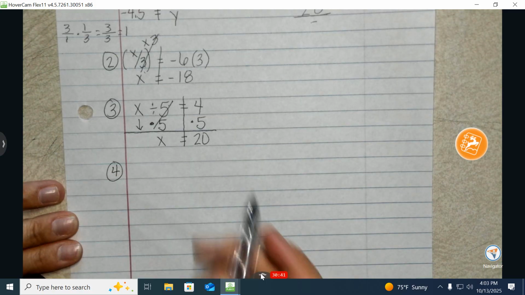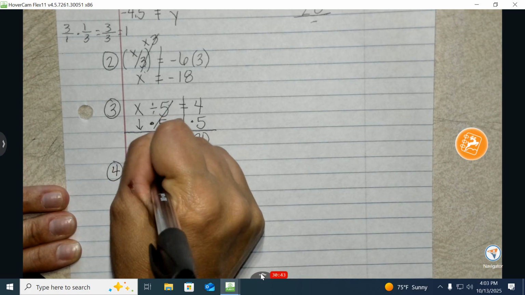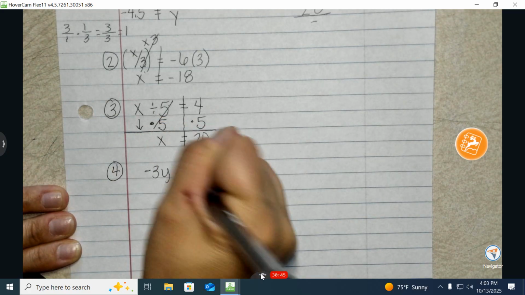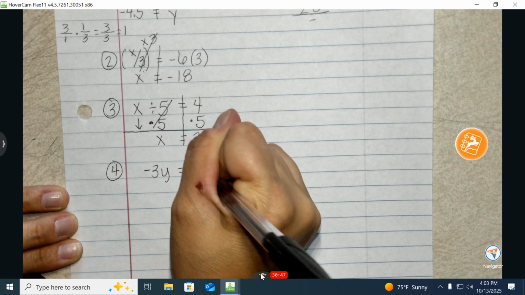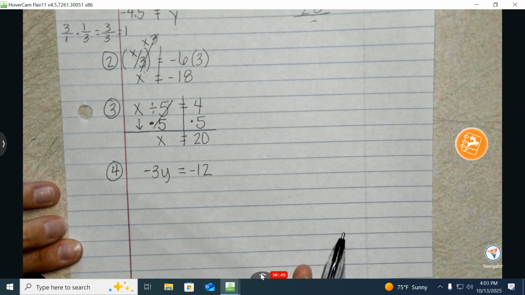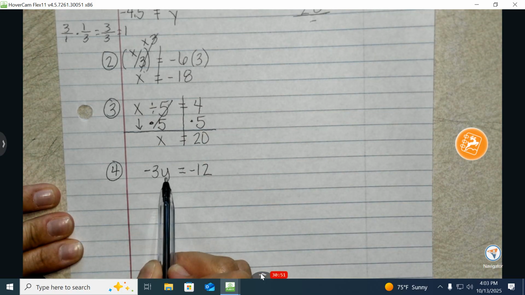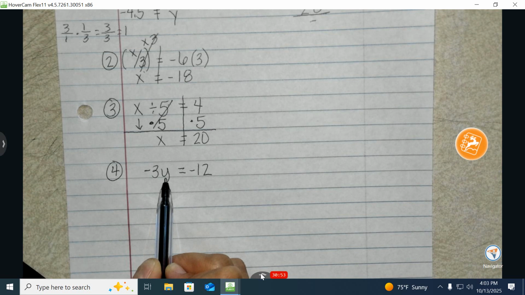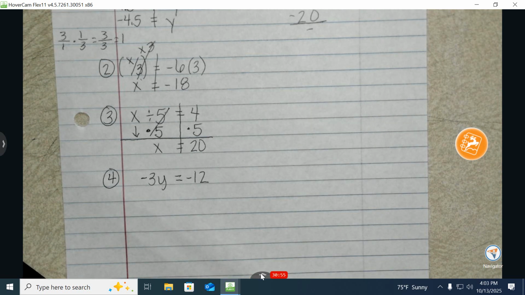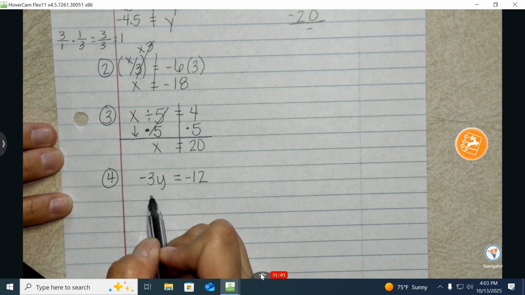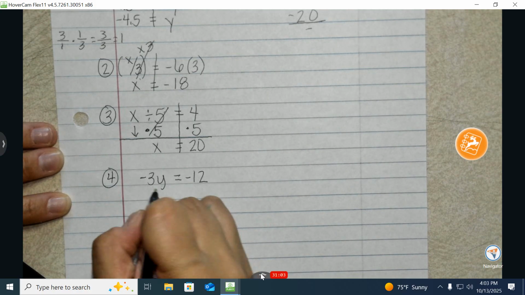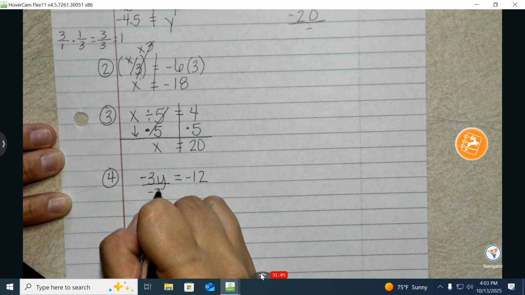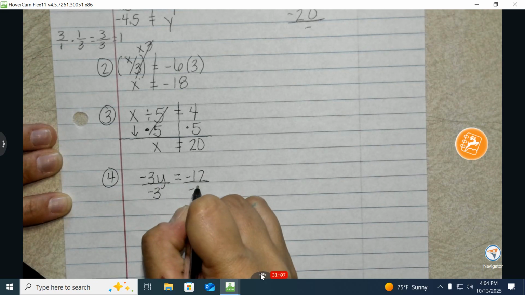Number 4, negative 3y equals negative 12. Negative 3 and y are multiplying. So you do the inverse operation and see what you get. Go ahead and pause the screen. Okay, they are multiplying, so the inverse is to divide by negative 3.